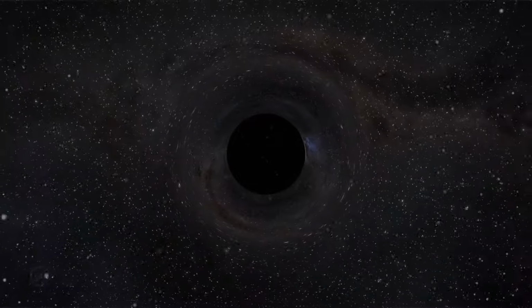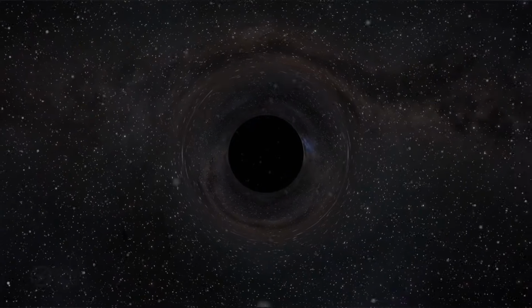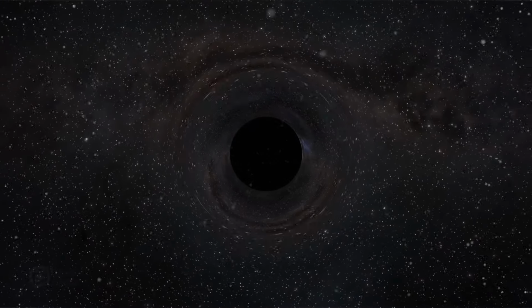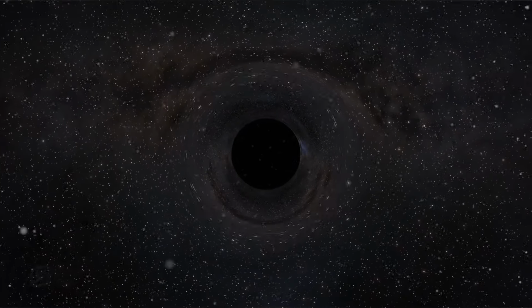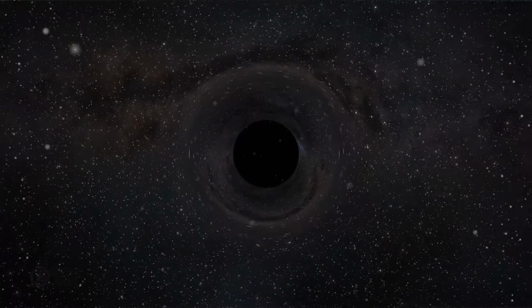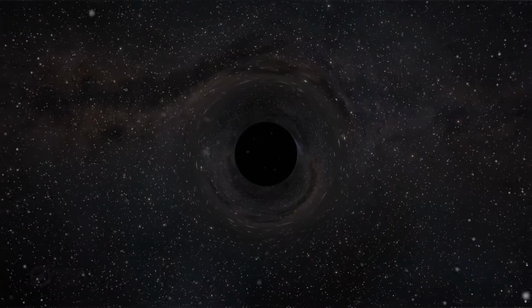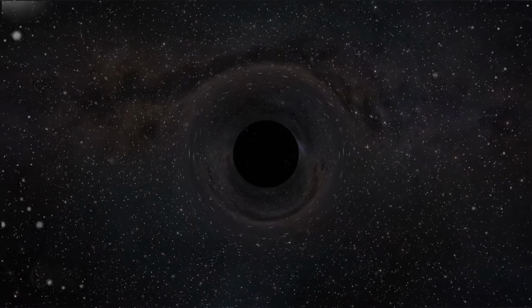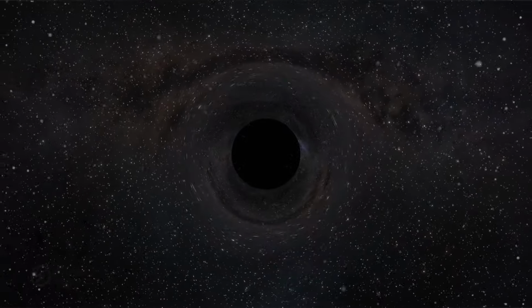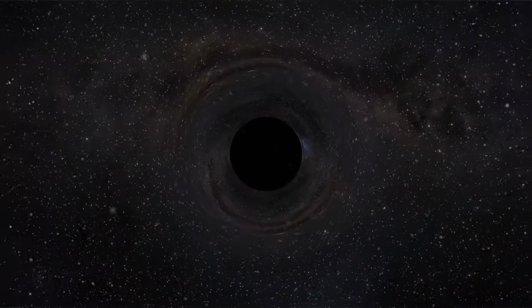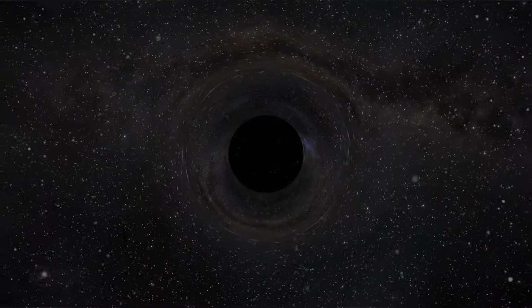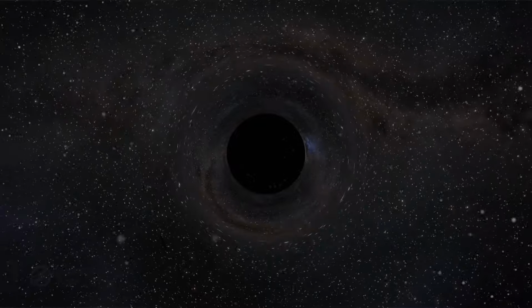To understand this, it helps to recall that the vacuum of space is not truly empty. According to quantum mechanics, it constantly seethes with fluctuations, brief appearances of virtual particle pairs consisting of a particle and its antiparticle. These pairs normally annihilate almost immediately, returning their borrowed energy to the vacuum in accordance with the uncertainty principle.